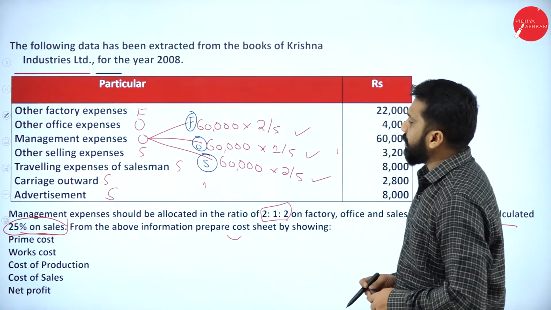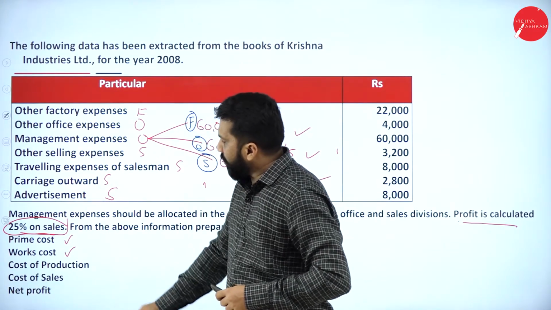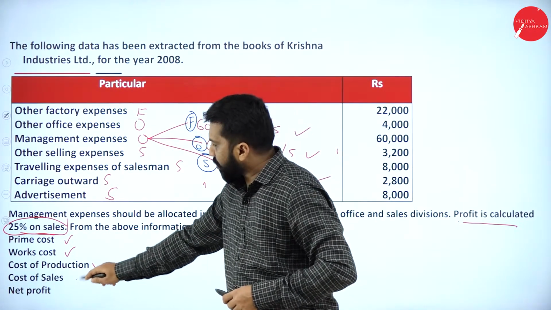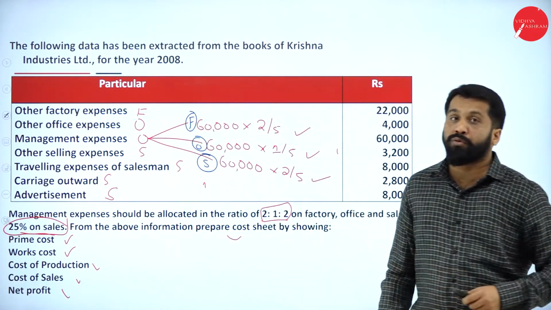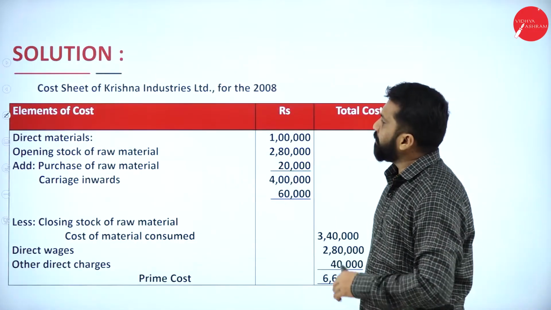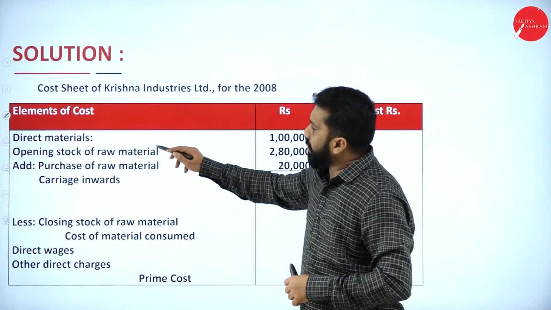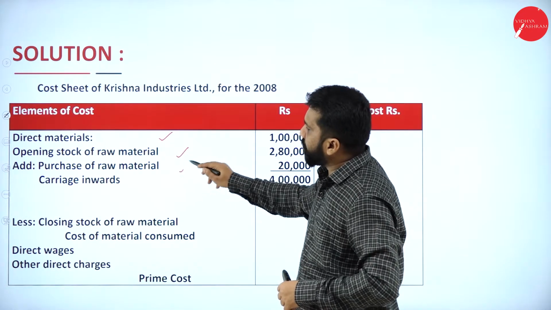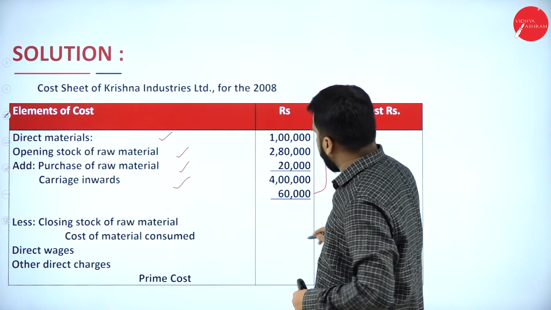Now, first we'll come back to your calculation of prime cost, work cost, cost of production, cost of sales, and finally your net profit. Now, the cost sheet of Krishna Industries, as you know: direct material, opening stock, purchases, carriage inward. We have taken everything minus closing stock.